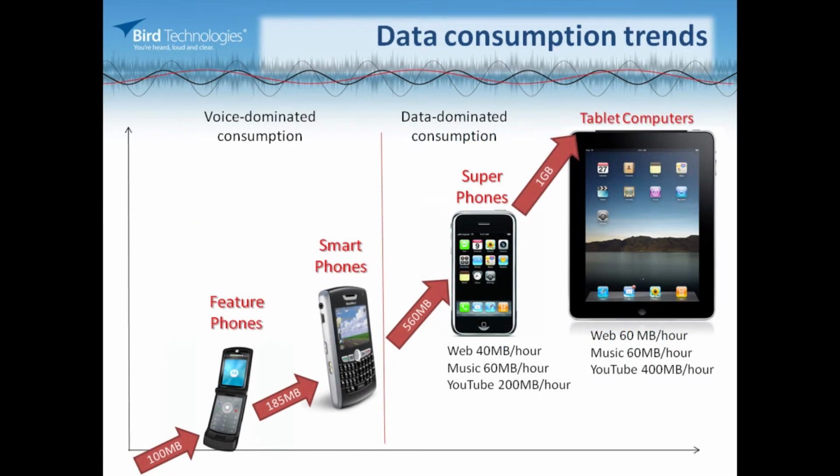The actual numbers up here don't really matter, but what's really important is the trend. And what you see here is the trend of the data consumption over time and what's been happening. We used to have a feature phone, and I don't know about y'all, but I'm a little bit older. And so when we switched from feature phones to smartphones, I kind of didn't want to make that transition because I really didn't want them sending my email to me wherever I happened to be.